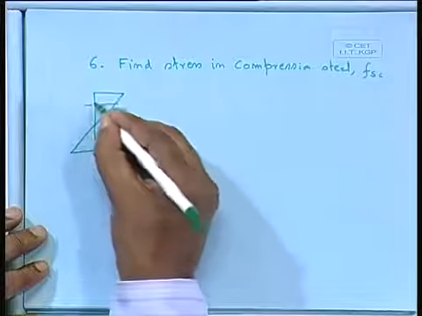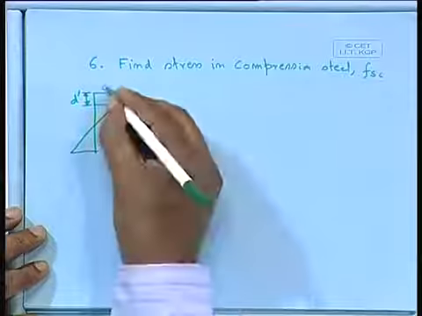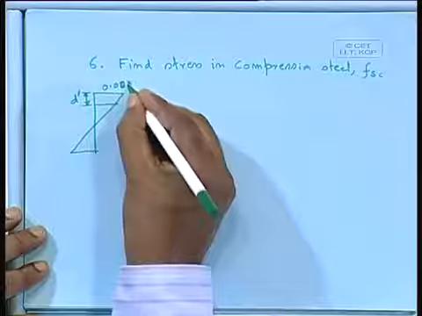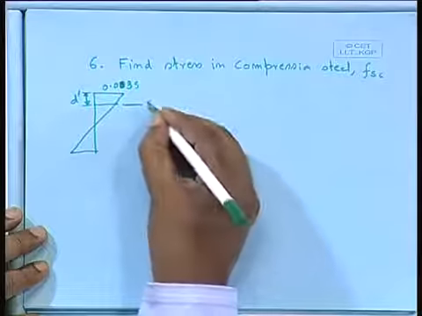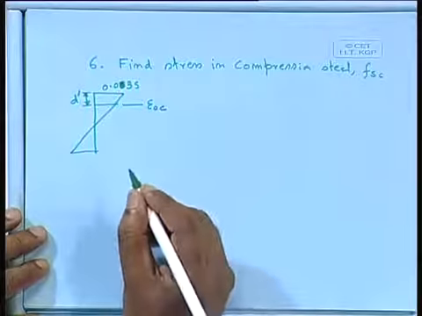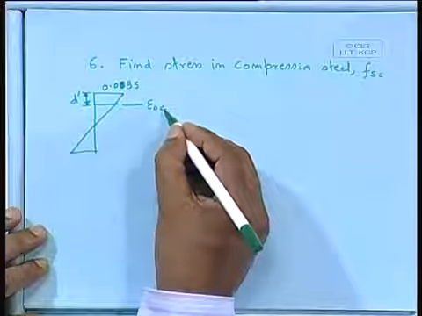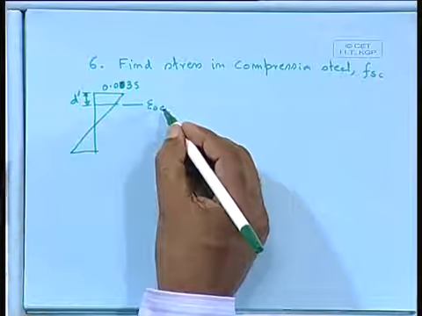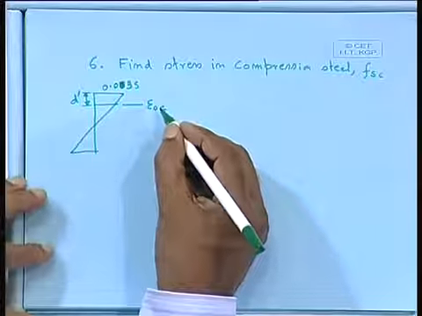This is at a distance d dash. With the 0.0035 strain at the extreme fibre, we can get the corresponding strain in the steel level, epsilon sc. When we get epsilon sc, either from the curve or from the table that we have made, from there we can find the corresponding stress fsc. If we get fsc, we can get the area of steel.